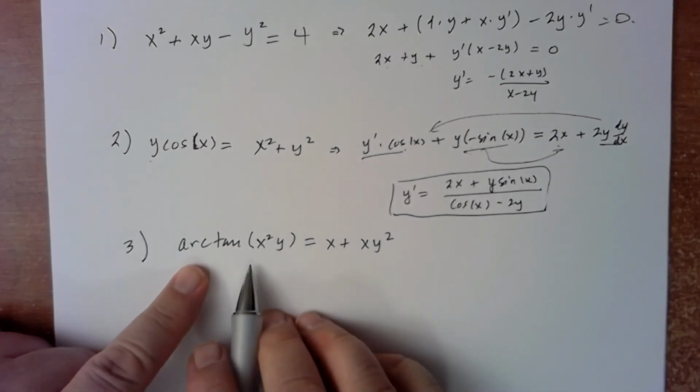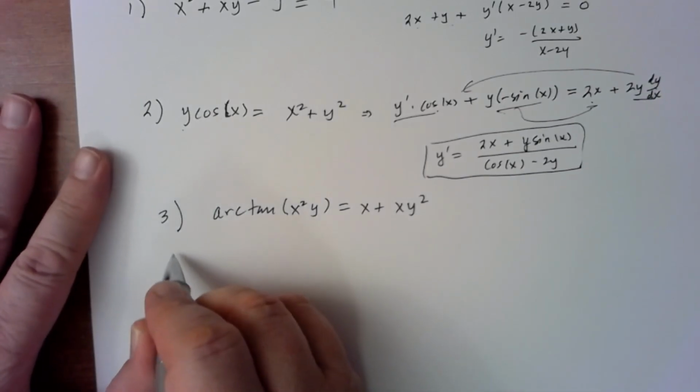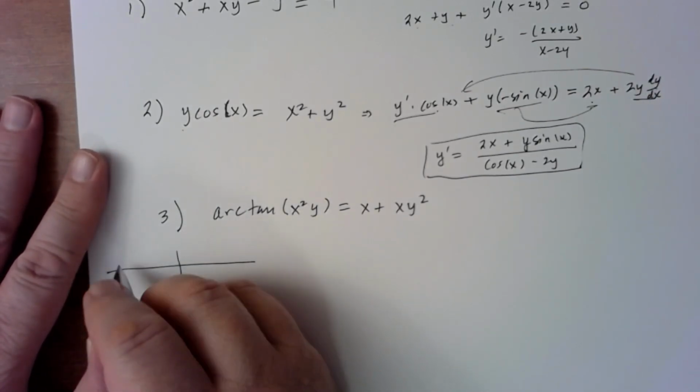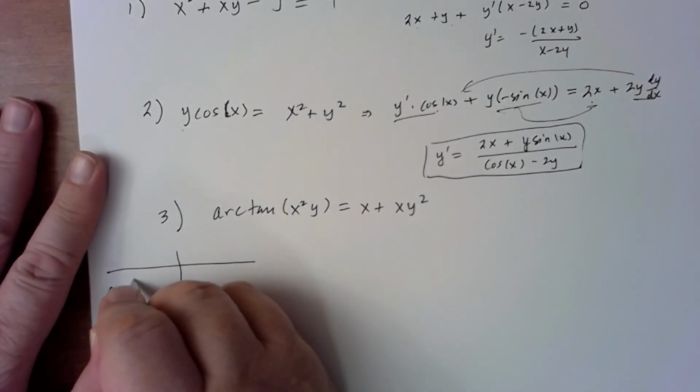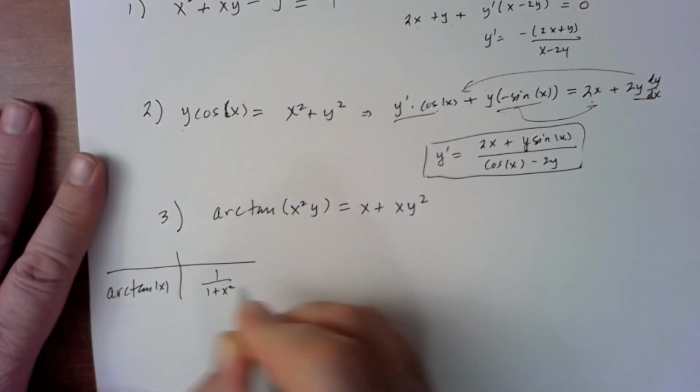And now we have our arctan. We just learned that formula. Remember that in your formula table, if you have the arctan of x, we learned that the derivative is 1 over 1 plus x squared.